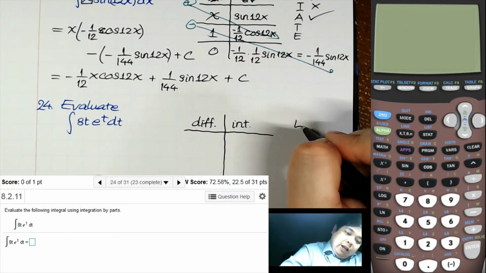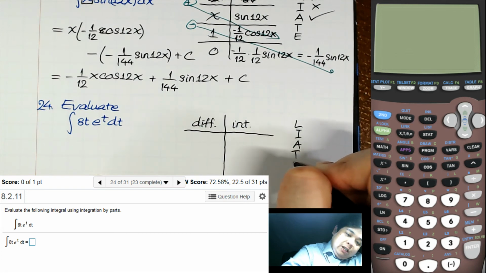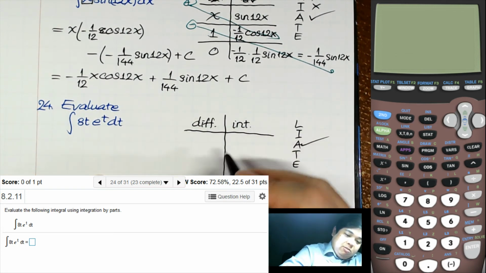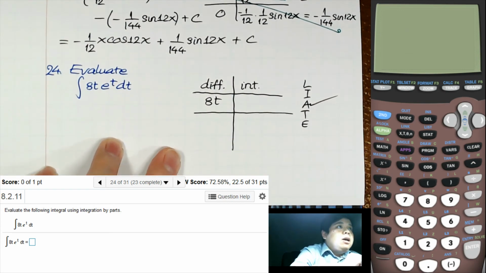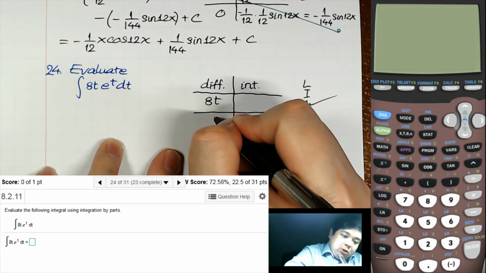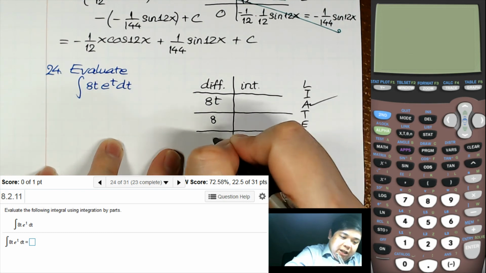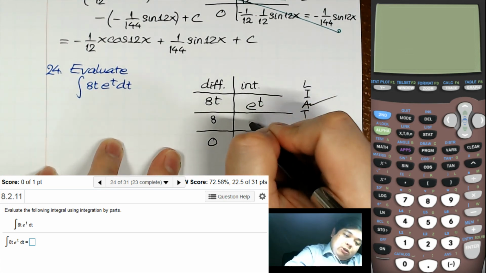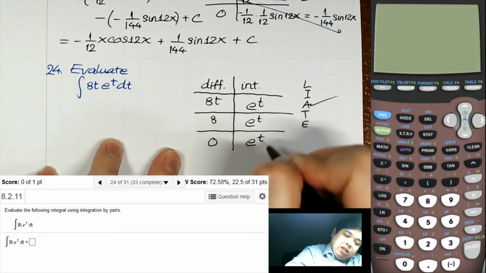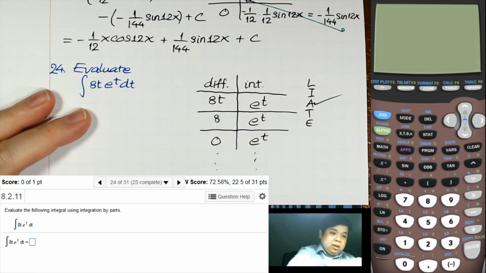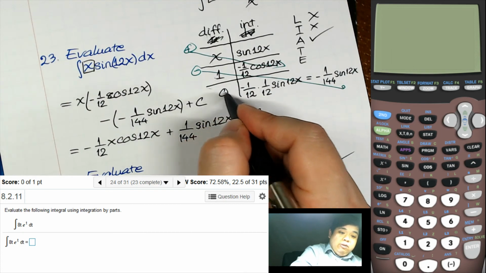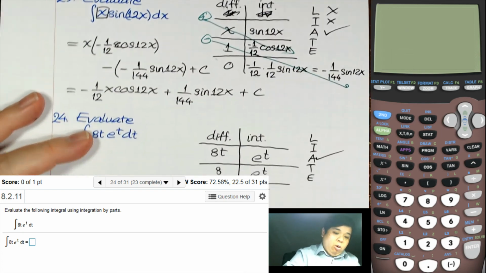LIATE, there's the at. Take the derivative with respect to t, that's 8 and then 0. Integral of e to the t is e to the t. By the way, we do not need to go any further because that is 0 going forward.